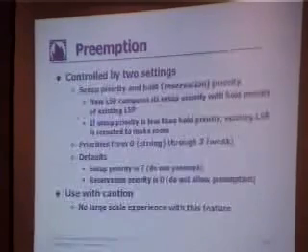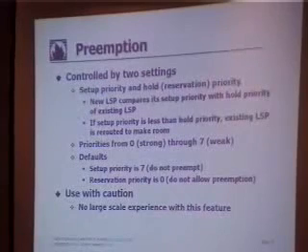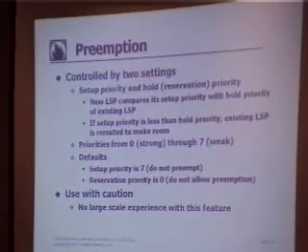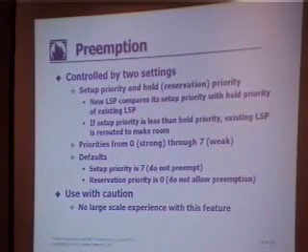I'm pretty sure IOS is the same way. In Junos, these setup and hold priorities are per LSP basis when you're configuring them, but you can't configure an LSP that has a stronger setup priority than it does a hold priority.